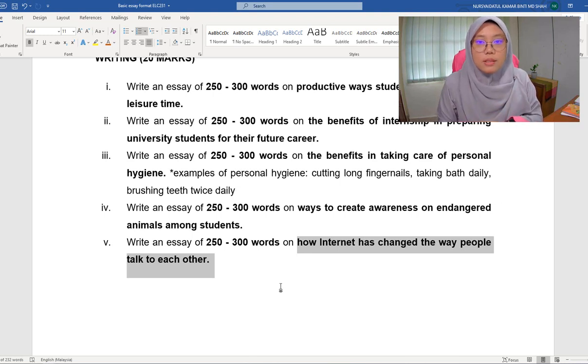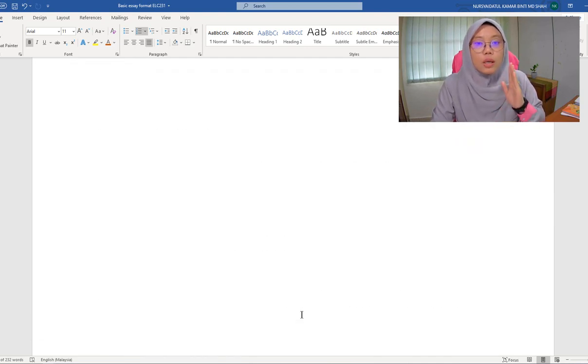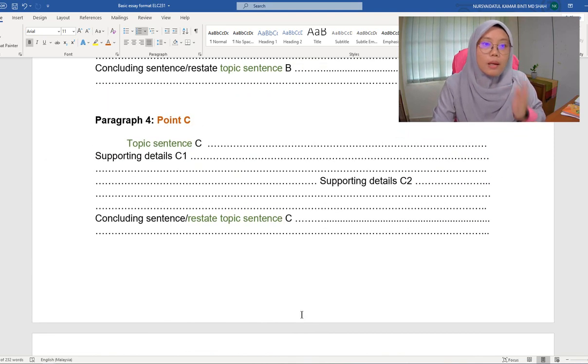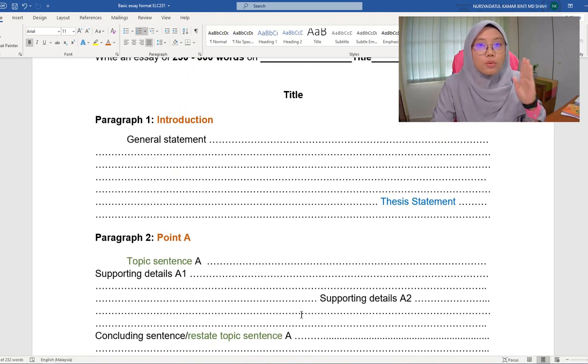So my advice for this particular assessment is that you need to be prepared, you need to be well read about the current issues that are happening around you. So as a course instructor or class lecturer, I am going to teach you the technique and the basic skills, the format, how to write your essay, the number of words, how to organize your ideas.